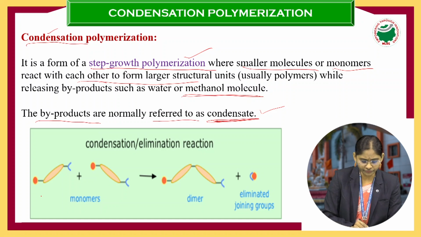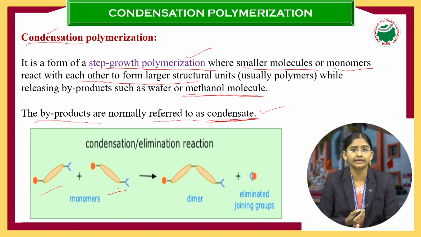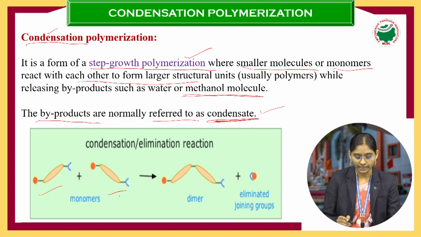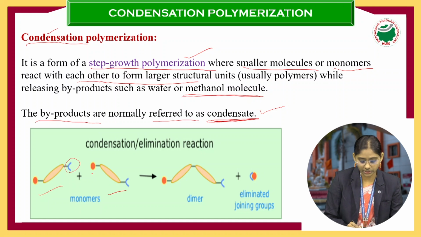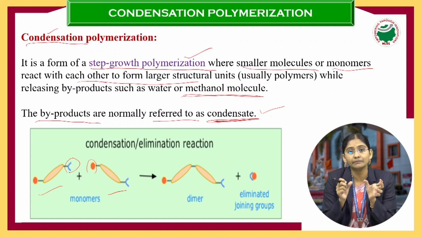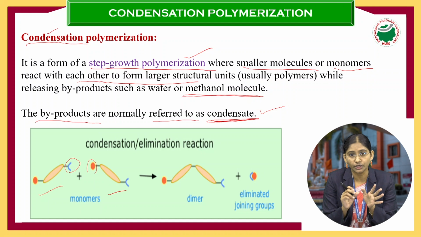Now if you see the reaction, you can understand better. This is one monomer and this is another monomer, and if you observe, there are small molecules here. Condensation polymerization means the two monomers come and link with each other. But for this linking, there are some atoms or molecules which are blocking the linkage. That's why in this chemical reaction, these byproducts are eliminated.